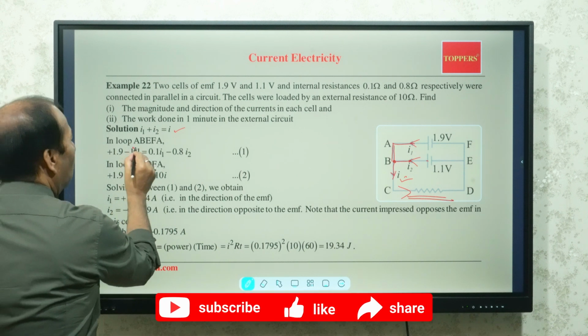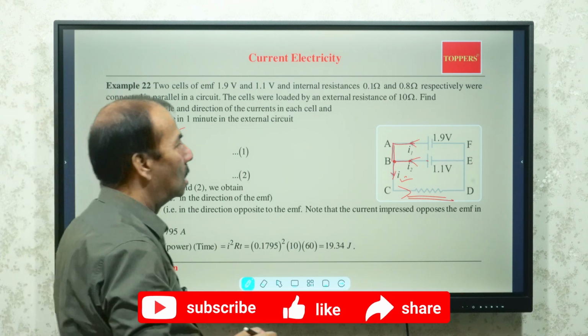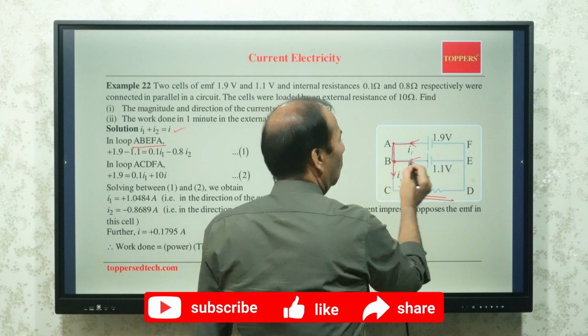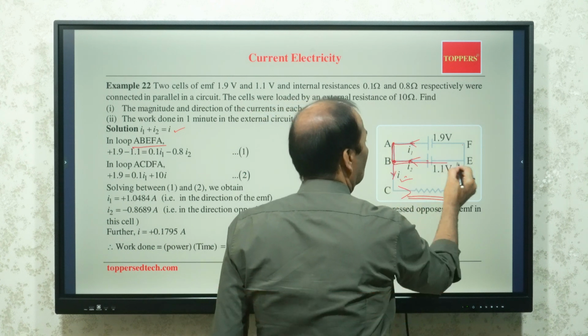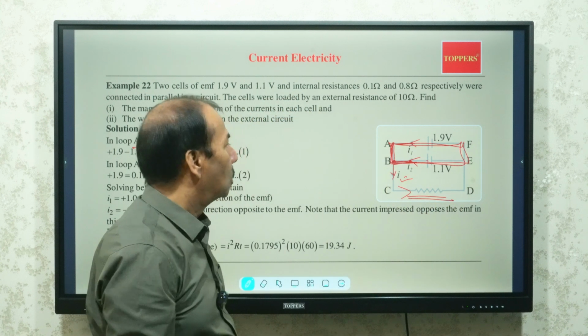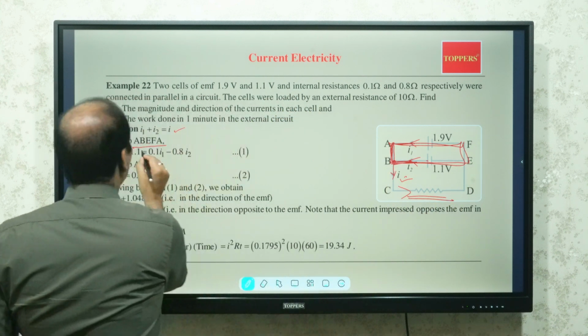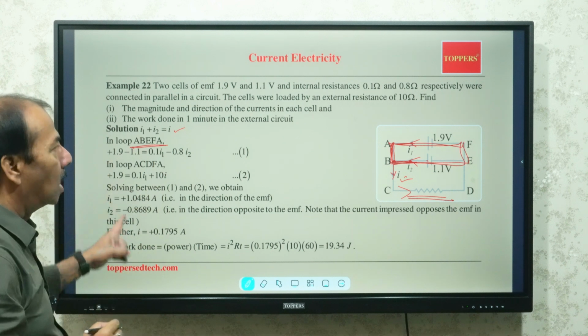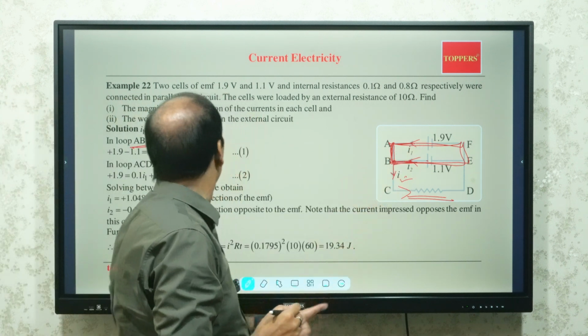Now, in the loop A, B, E, F, A, if you use Kirchhoff's rule, this is 1.9.